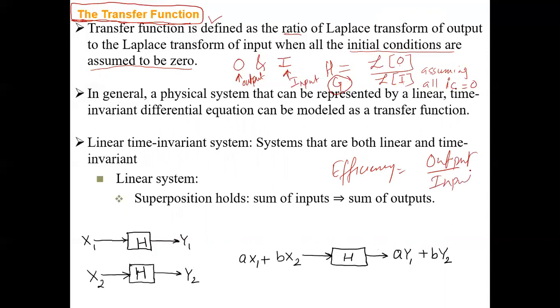It's a similar thing. Take the Laplace transform of output, take the Laplace transform of input, and you don't call it efficiency, you call it the transfer function. So far so good. But one condition is given there: you have to assume that all the initial conditions are 0.